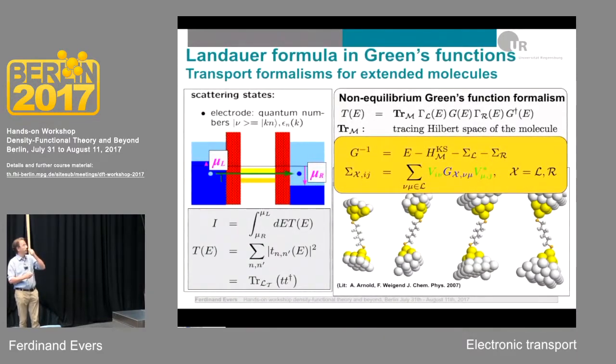So here's what the G is. G is built from the Kohn-Sham Hamiltonian of the DFT calculation that you maybe have been doing on your computer. And then I subtract two matrices, sigma L and sigma R, and those matrices massage the corresponding Green's function of the Kohn-Sham system in such a way that if I take the bare Green's function, which comprises only this, and then I subtract the self-energy belonging to the left and the right-hand side lead, then what I actually get is the Green's function of this object in the presence of all the other atoms.